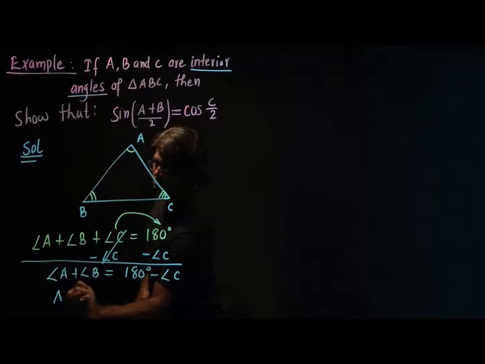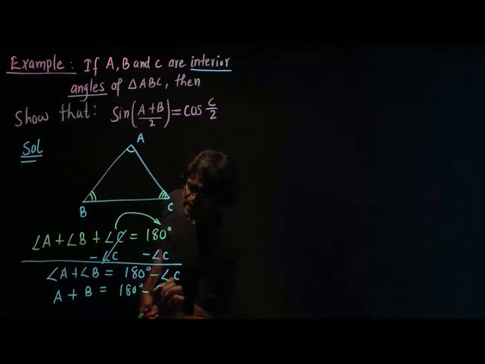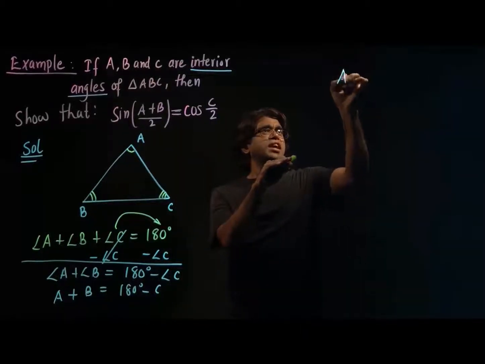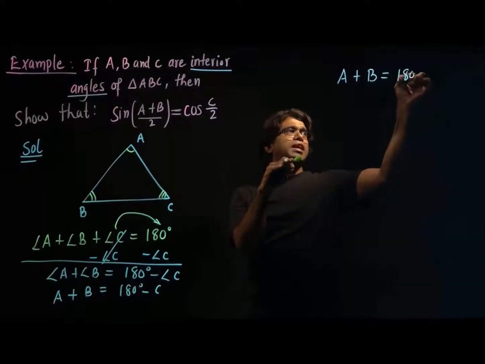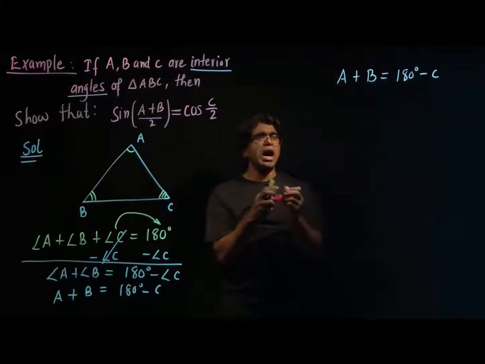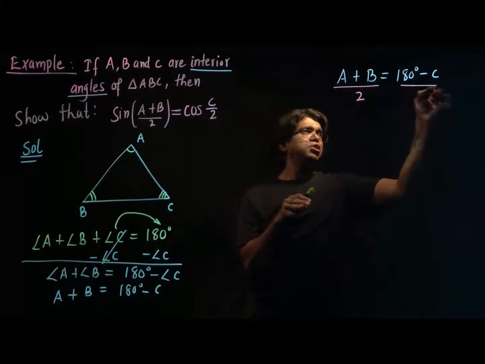So I can write angle A as A plus angle B as B is equal to 180 degrees minus angle C as C. So we have, as you can see, A plus B is equal to 180 degrees minus C. Now I'm going to divide both sides by 2.